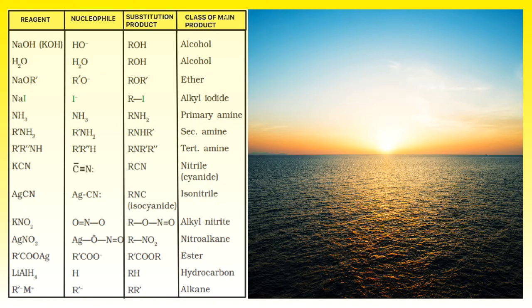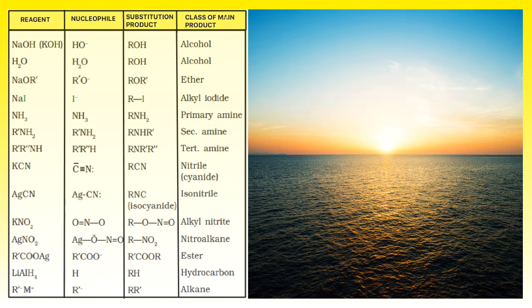We have given a table in which the first column has the reagent, the second column has the nucleophile, and the third column has the substitution product, with the class of main product. In the first slide we gave you the general substitution reaction with Nu as nucleophile.